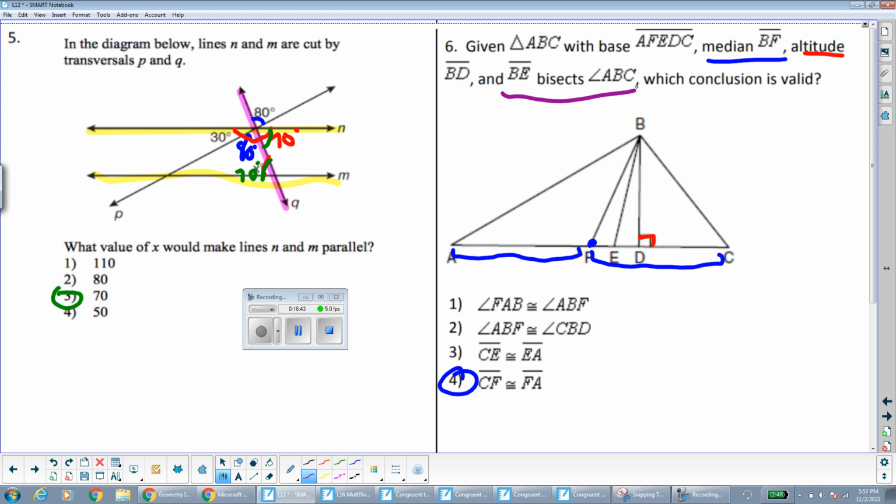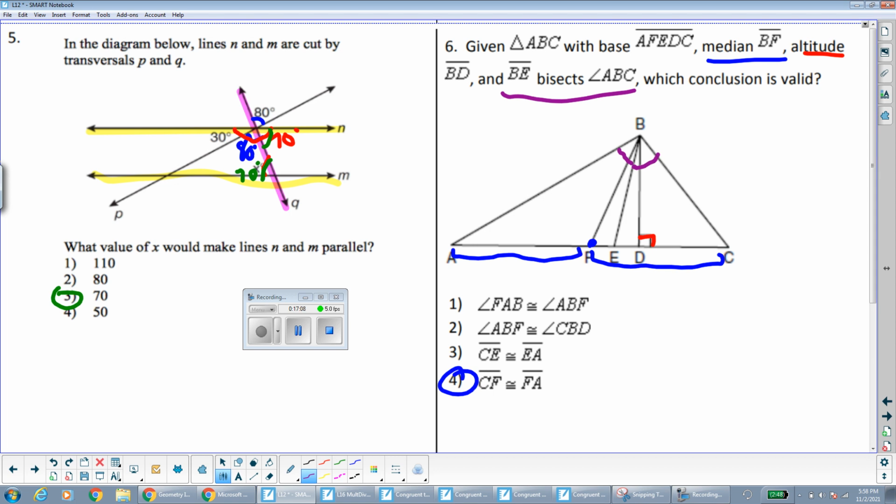And they also tell us that BE bisects angle ABC. So I know that angle ABC, which is this angle over here, ABC with B in the middle, that's this whole angle up here, is being cut in half by BE. So from this end of the angle to BE is congruent to from BE to the other end of the angle.